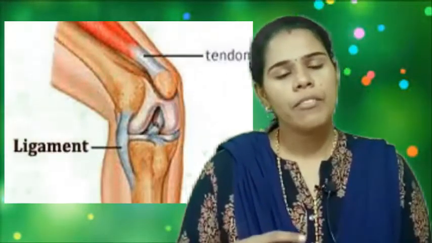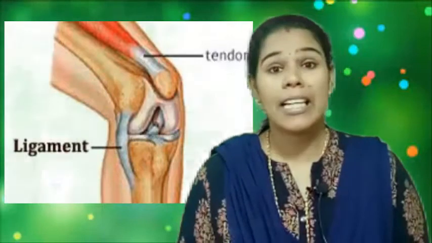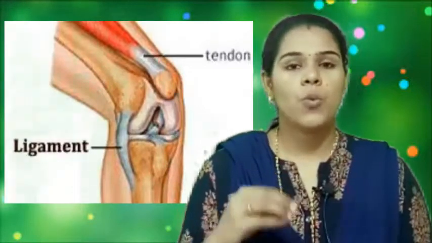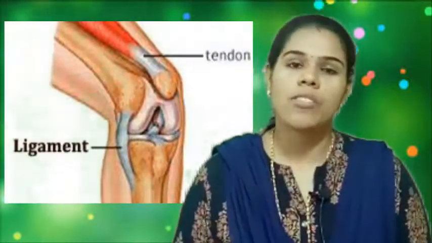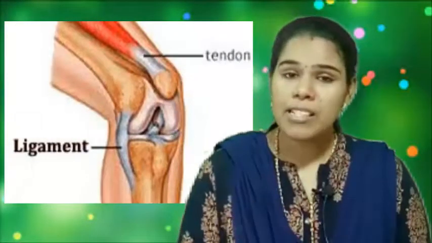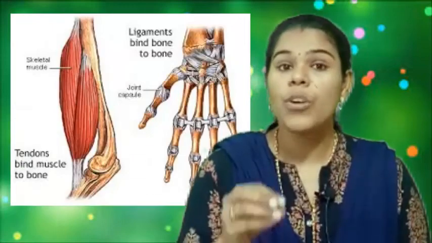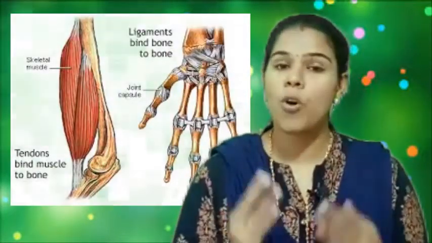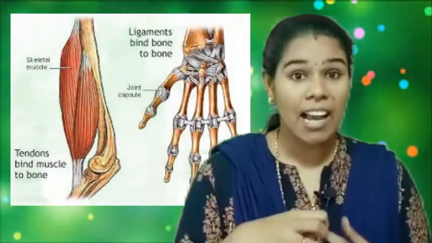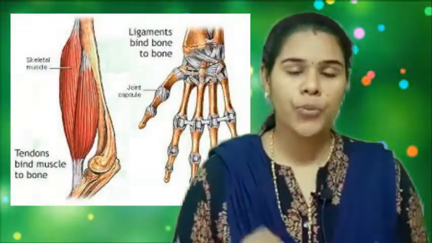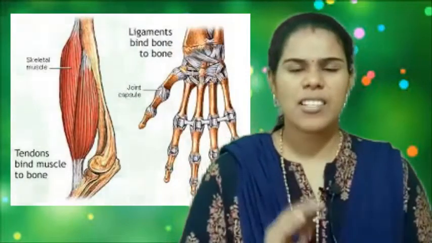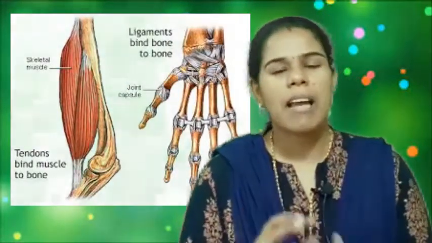So common questions will emerge from ligaments and tendons. What are the differences between tendons and ligaments? Ligaments help to connect two bones. They have elastic nature, considerable strength and very little matrix.